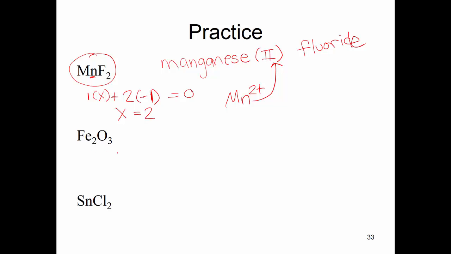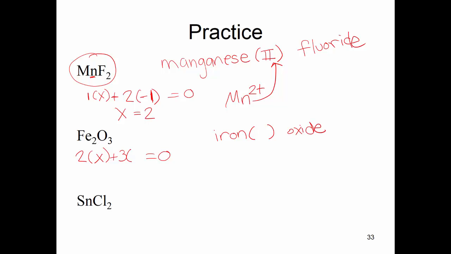Okay, let's do the next one. Everything has to be equal to 0. This time I have 2 iron atoms. I'm looking for the charge. For oxygen, I have iron, and that's what I'm looking for.